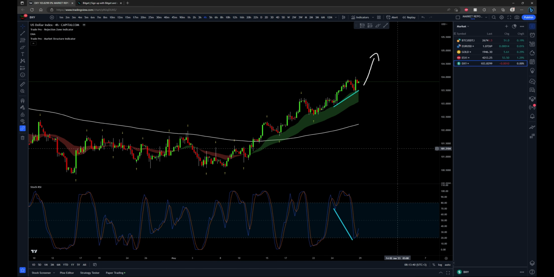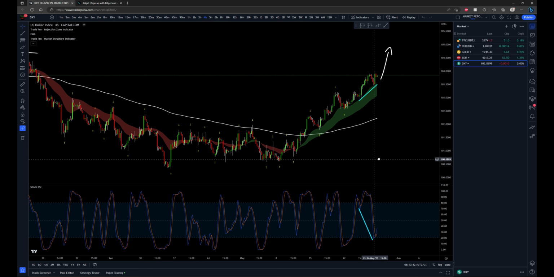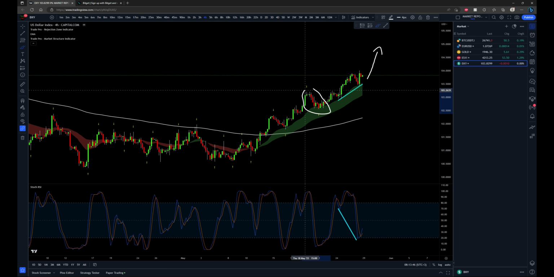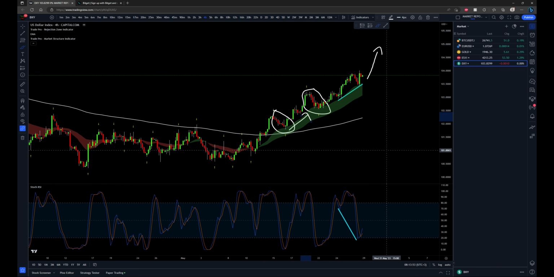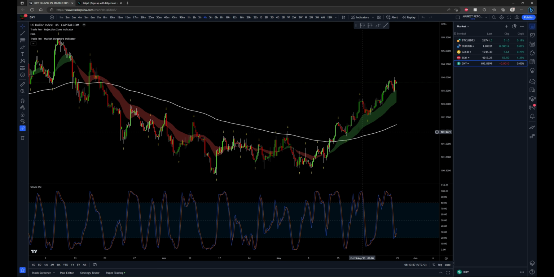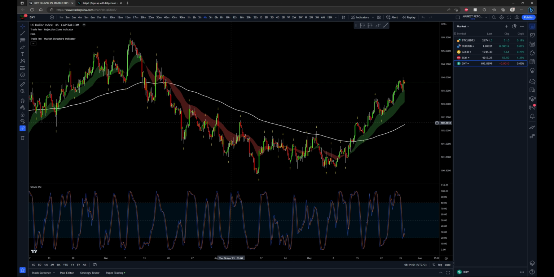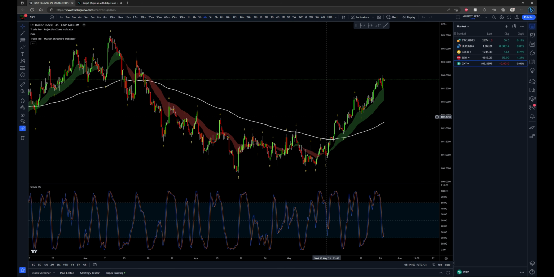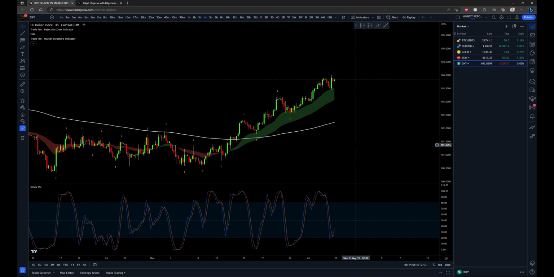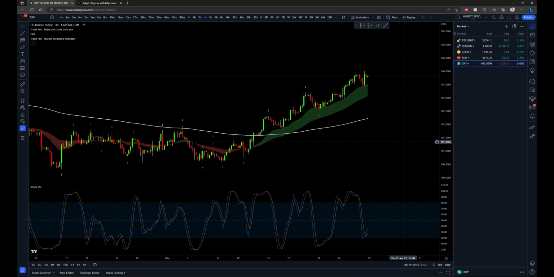So that's going to be the idea right now, although I don't have as much confidence as I did when I gave the analysis on this pullback, looking for a follow through to the upside, because the farther we get into this, the more extended it gets to the upside, the less confident I have in looking for these follow through moves to take these targets out. But it doesn't mean it can't continue up and go on much longer. It's just speaking my mind, and that's it.